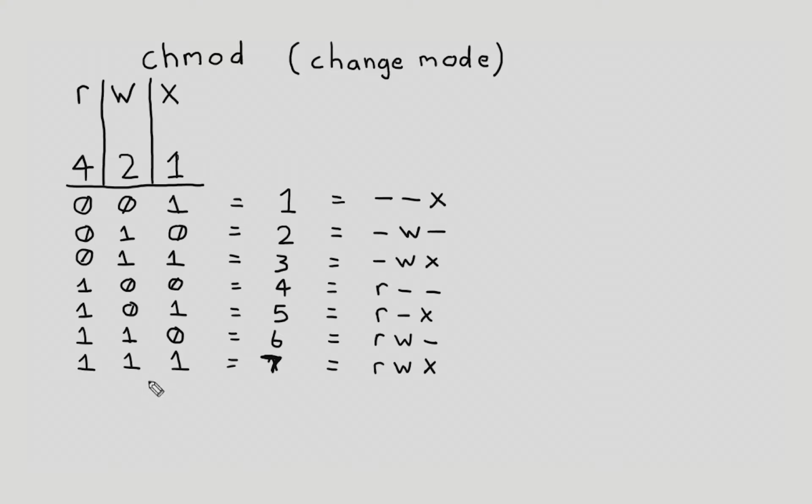So hopefully this isn't that confusing if you're familiar with basic counting in binary. What we do is we basically use this binary counting method to arrive at an octal number. So one of these numbers here is used to actually set the permissions using chmod. For instance, if we wanted to set the permissions for the user to read, write, execute, well, read, write, execute is 7.